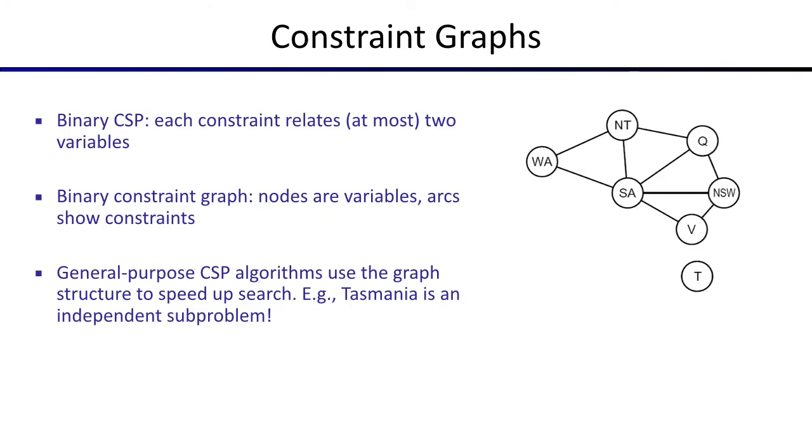You'll notice that the way I just defined that, where an edge represents a constraint between two variables, I've only allowed for you to have constraints that are on two variables. You can imagine for some other problem you might have a constraint between three things.